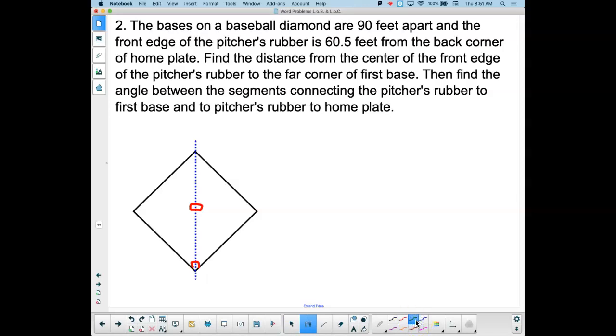So all of these are 90, is what you're saying, because that's where the bases are. The distance from home plate to first base is 90 feet. So we know that this distance in here is 90.